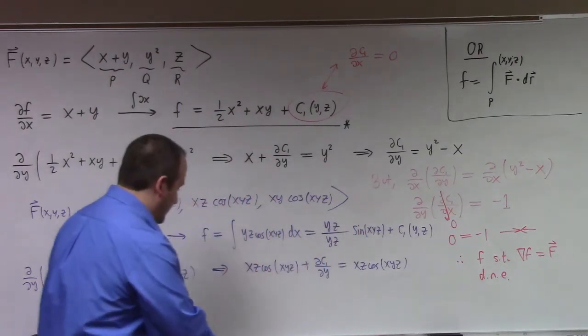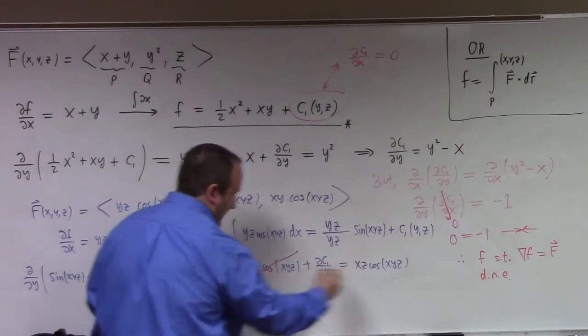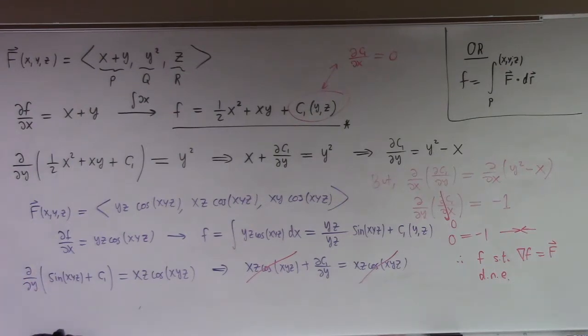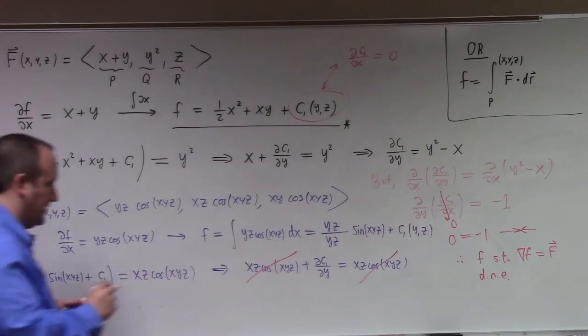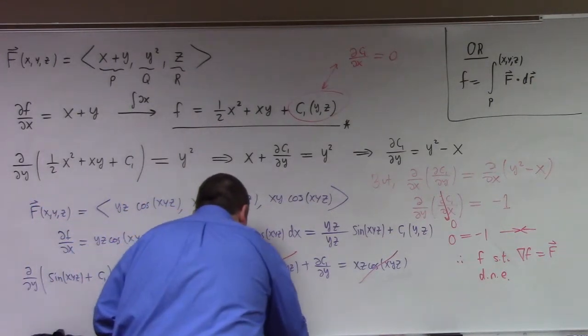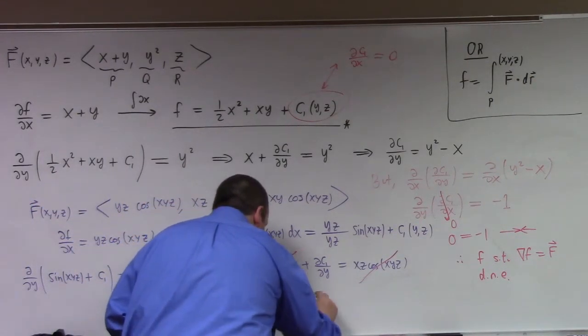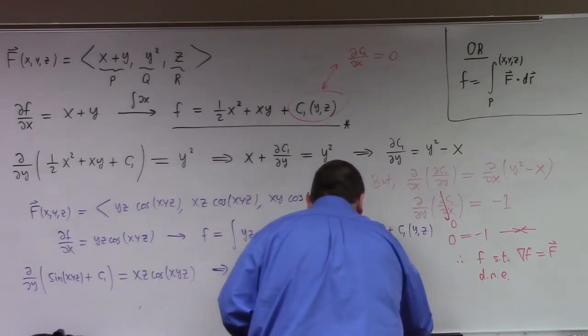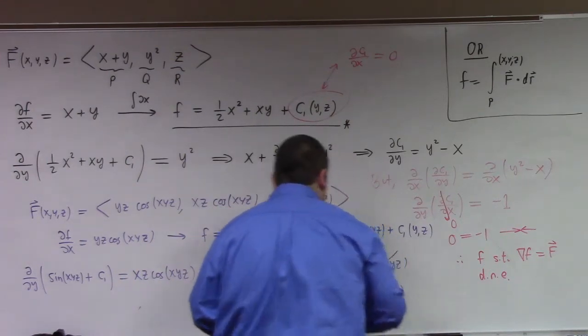So what happens? Well, this and that cancel, right? And we're just left with partial c1 partial y is equal to 0, which implies that c1 is equal to c2 of z alone.